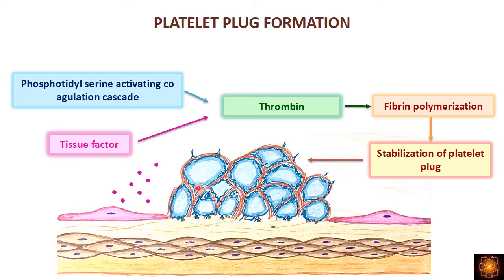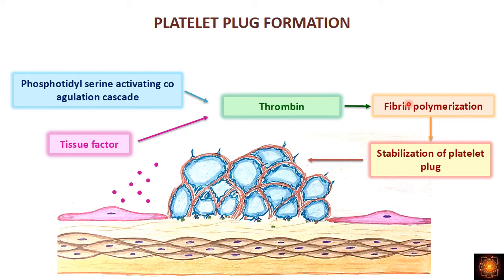So I think now you remember this phosphatidylserine activating the coagulation cascade by activating the factor 12. So we have the factor 12A, then we have the extrinsic pathway which is activated, whereas the tissue factor will activate the intrinsic pathway. So both of them, the end product is the thrombin formation.